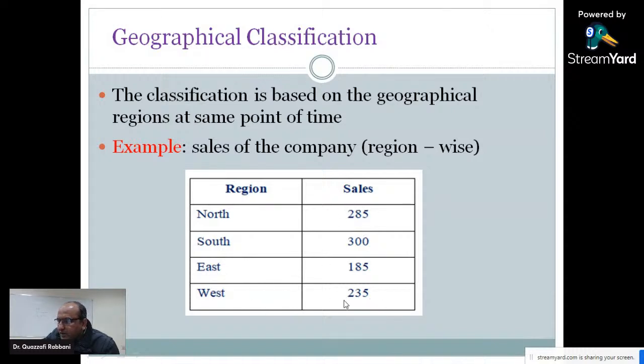So these data are classified into four regions. This example is geographical classification because the data is on the basis of region.